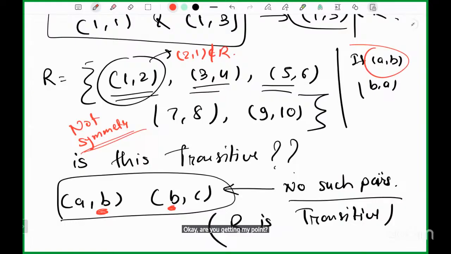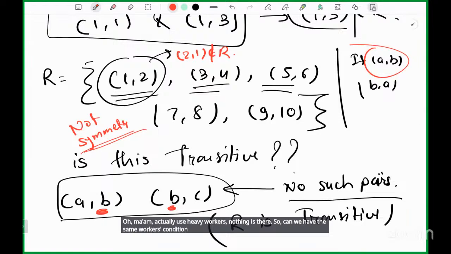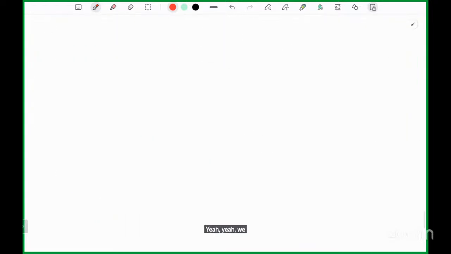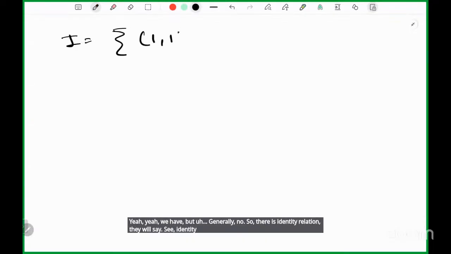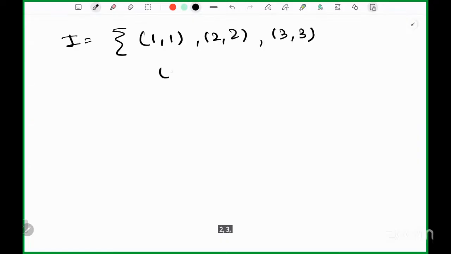No, ma'am. You said vacuously, if nothing is there, then we consider it as transitive. Correct. So can I have the same vacuous condition for symmetric also? Yeah, we can, but generally no. There is the identity relation. Identity relation means 1 comma 1, 2 comma 2, 3 comma 3, 4 comma 4.